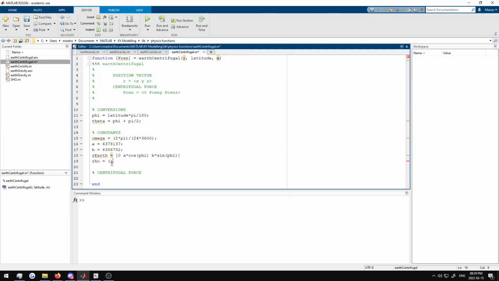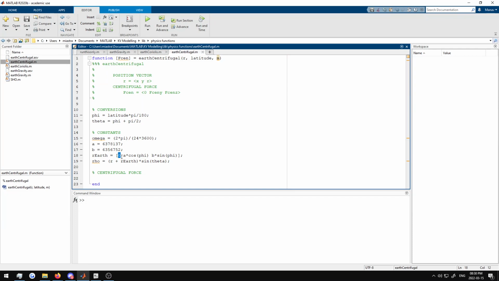It's the vector where we start at the surface of the Earth, and we add the value for where our vehicle actually is. So it's going to be r plus r Earth times sine theta. Oops, I forgot to add a semicolon here.